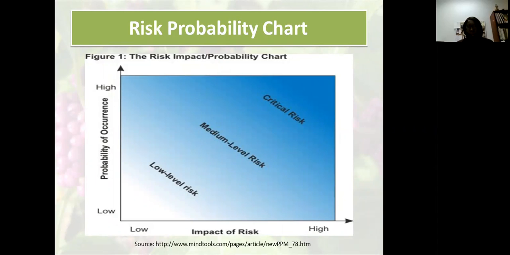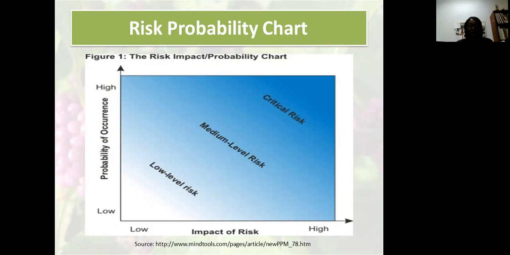So when you're looking at all the possible activities that your organization does and the risks associated with those activities, you can group those risks into what we call a risk probability chart. This particular graph that you're seeing here is by Mind Tools, and there are other versions out there where they actually use a quadrant that you can put the risk in.